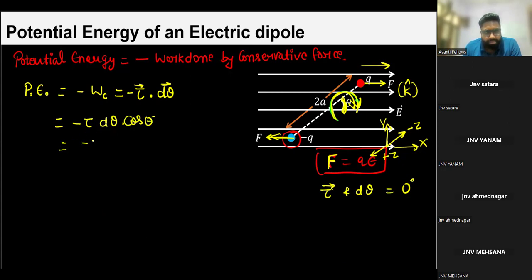Okay. It will become minus tau, cos theta is 0 here, so tau into d theta. Now put the value of tau here. Tau we have already calculated. It is minus of P E sine of theta, d theta.